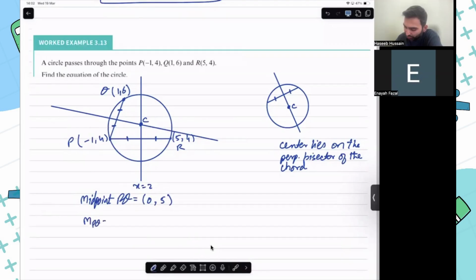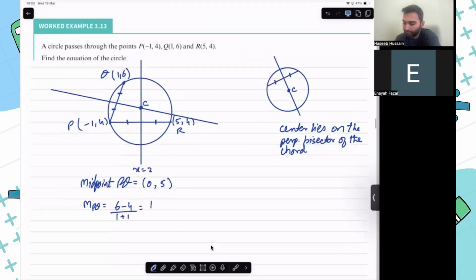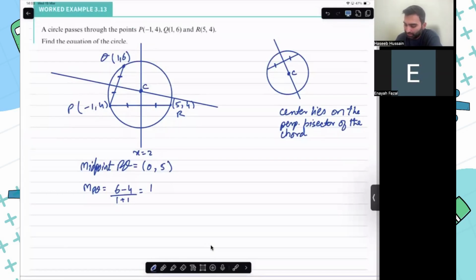Gradient of PQ is (y2 - y1) over (x2 - x1), that's 1. So the gradient of the perpendicular bisector would be -1. This is your y-intercept. The equation of the perpendicular bisector would be y = mx + c. Do you get it?